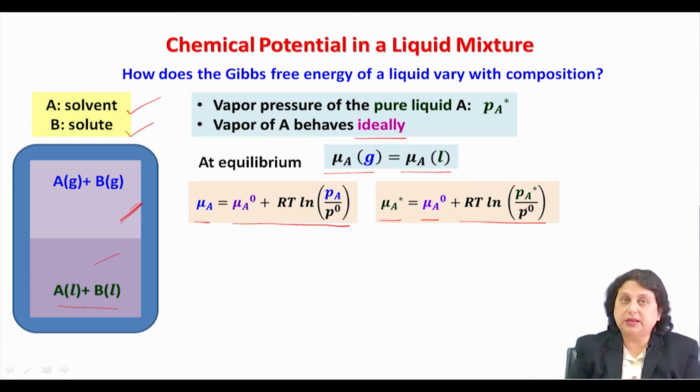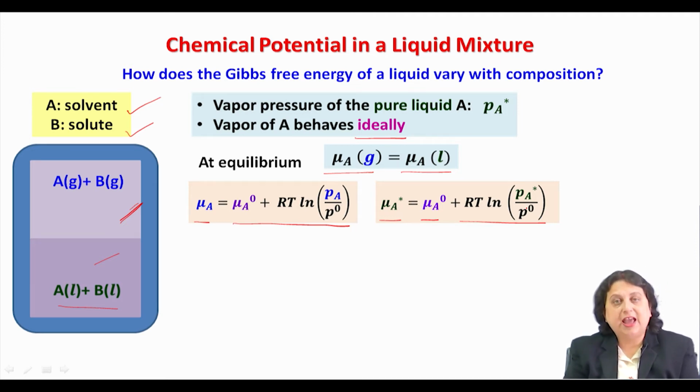Here I am using the notation star to represent the situation where the pure substance A has its liquid and vapor phase in equilibrium with each other at a given temperature T and some given total pressure PA star.